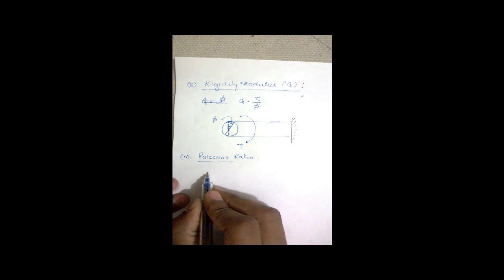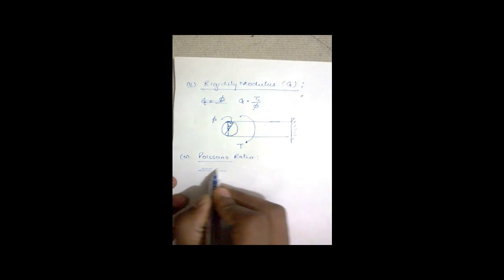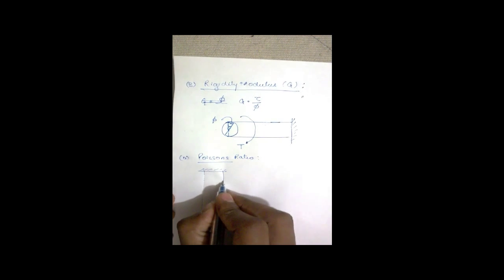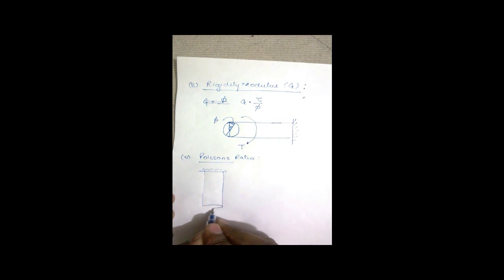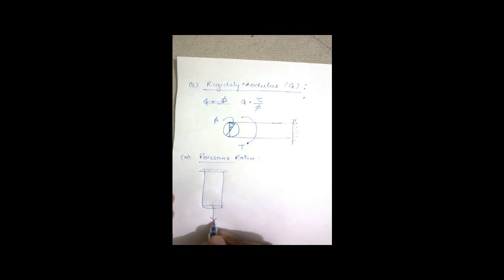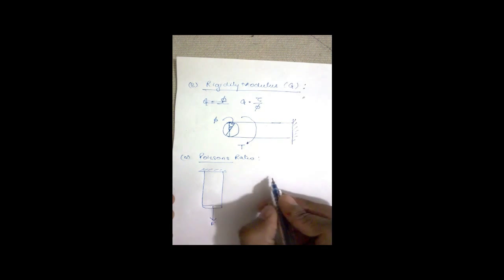Or we can say mu is used to relate all three, E, K and G. Now to understand Poisson's ratio, we need to take a case of one-dimensional loading again. Suppose this is a circular bar which has been subjected to unidirectional or one-dimensional loading with F.